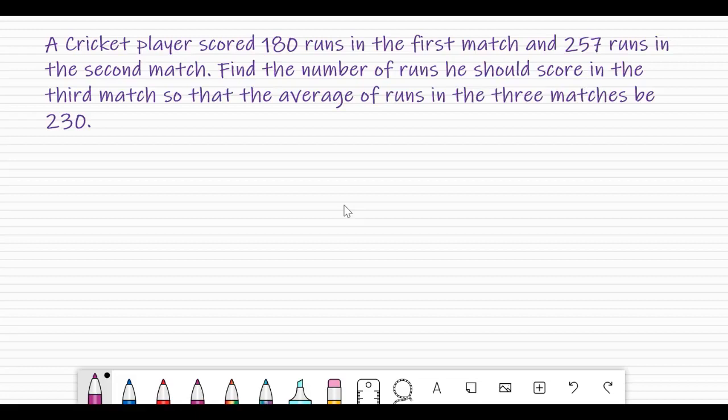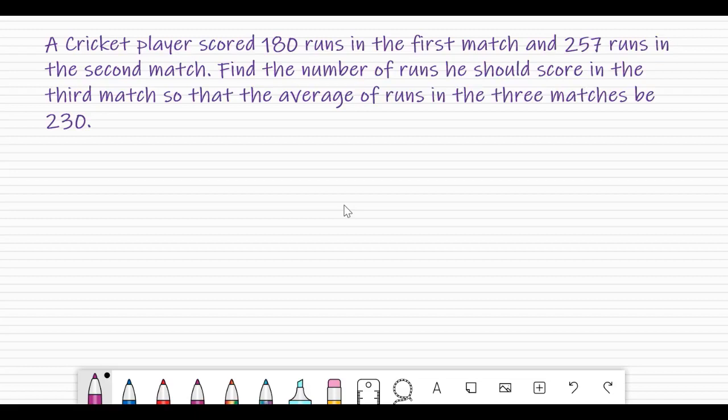That is, 3 occurrences were there. So here there will be 3 occurrences. In fact, the third match is the third occurrence, but the average is given and you are asked to find out what the third occurrence will be. So a kind of equation approach is required. Let us think about how to solve this.